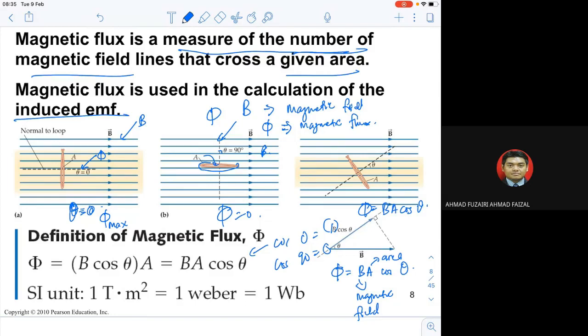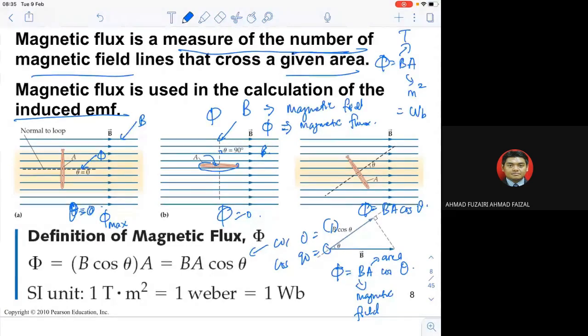And the unit for magnetic flux is Tesla meter square. Look at the words: flux is BA. B is Tesla and A is meter square. Tesla meter square, or equivalent to Weber, WB. Okay, Weber.